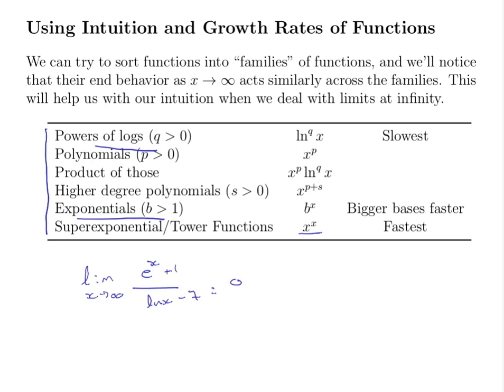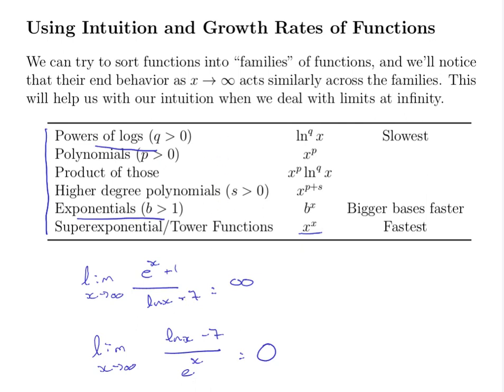So I'm going to end up with infinity on the top. Similarly, if I flip this upside down, and I have natural log of x minus 7 over e to the x, then I know that the thing that gets really big is on the bottom. So I've got something divided by infinity, so that limit's going to go to 0. I just know this based on my intuition because I'm pretty familiar with this chart.